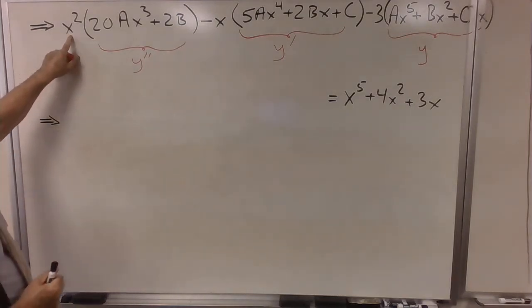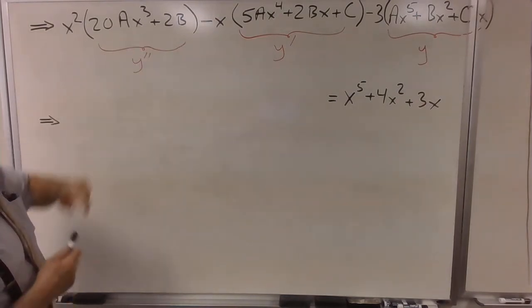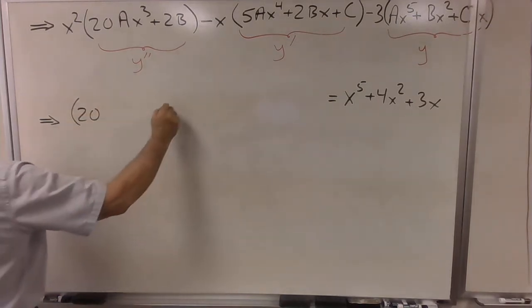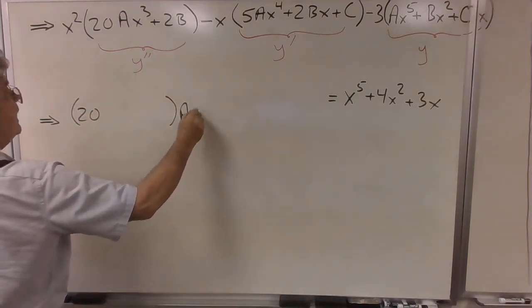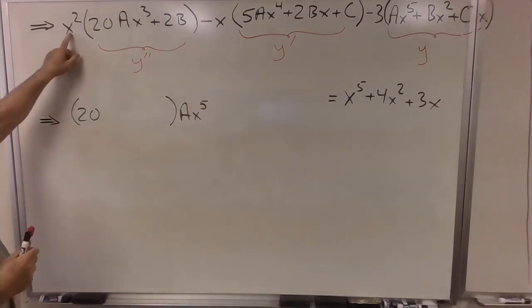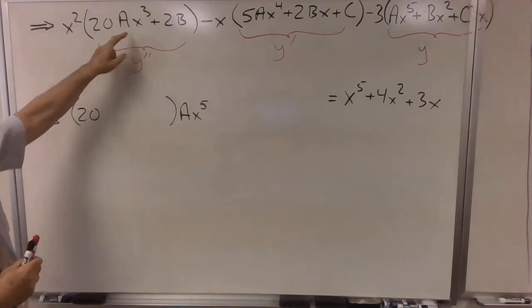And we have x squared times 20Ax cubed is 20Ax to the fifth. I'm going to keep my x to the fifth outside here. So I have x squared times x cubed is x to the fifth times 20A.